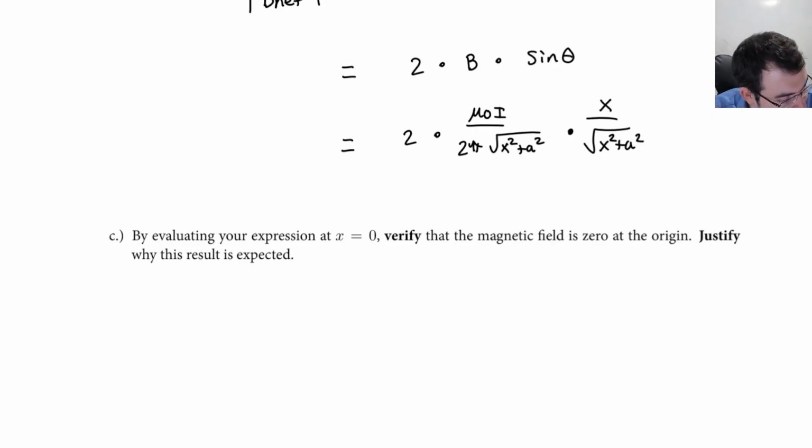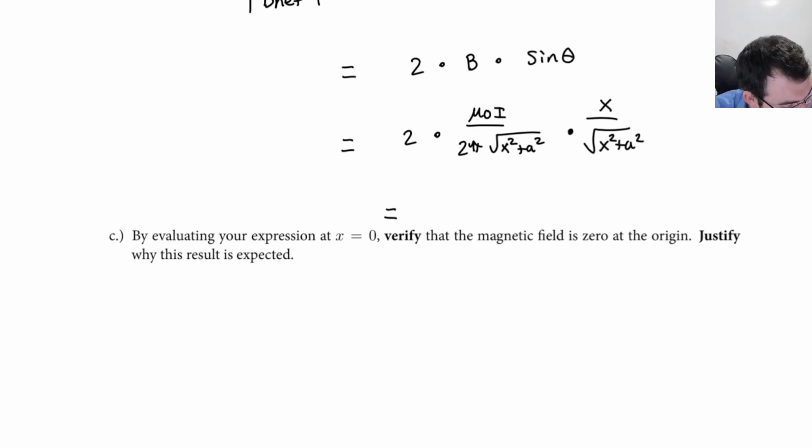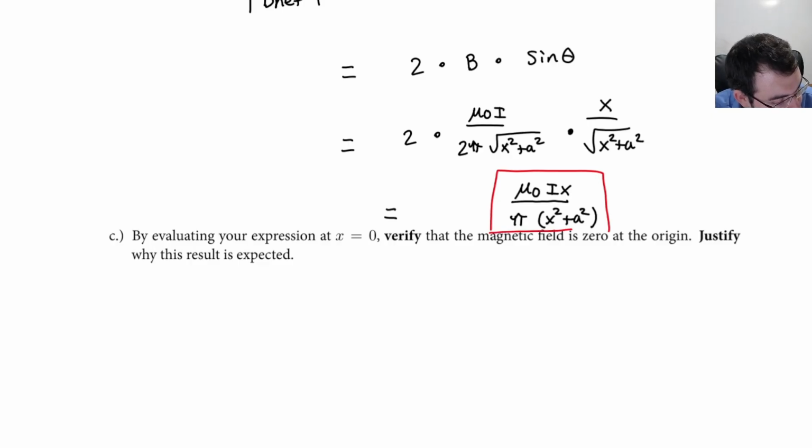So if we work out our magnetic field, we see that the 2 cancels with the denominator, and the square and square root actually cancel. So we're just left with mu naught times I times x, over pi times the quantity x squared plus a squared. We do actually know this net field is up as well, so we could actually say that.